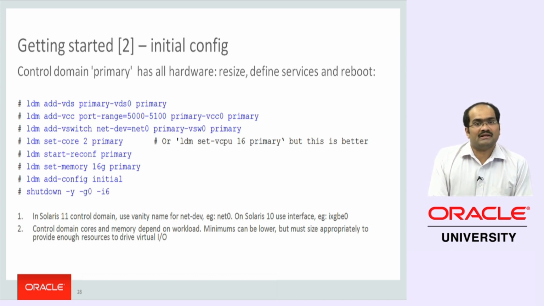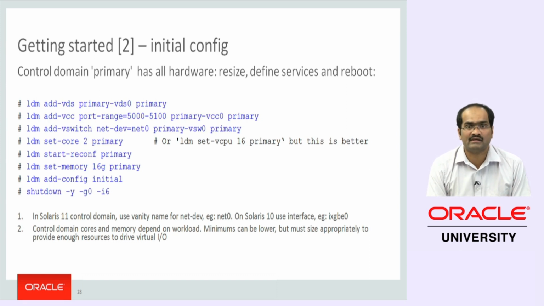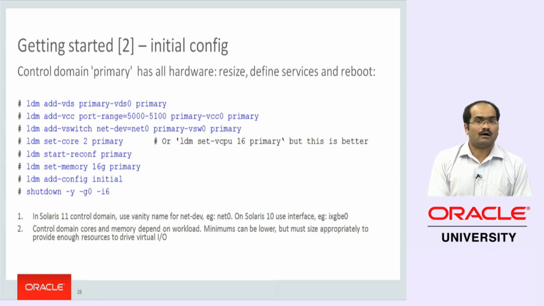What does it mean? Once you reboot the primary domain, all the services will be activated, and your primary domain will be assigned 2 cores and 16 gig of memory, and the remaining memory and CPUs will be available in a pool, which can be assigned to the guest domains.